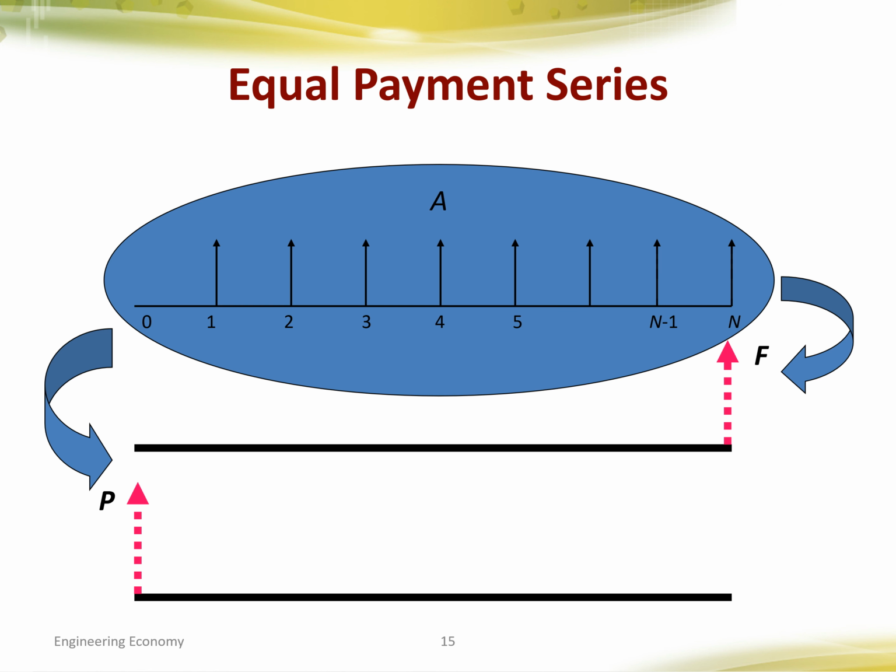But if we have equal payment, then we can just utilize some formula, or use the kind of symbol I introduced previously, to look up from the tables in the appendix so that we can utilize the number directly.